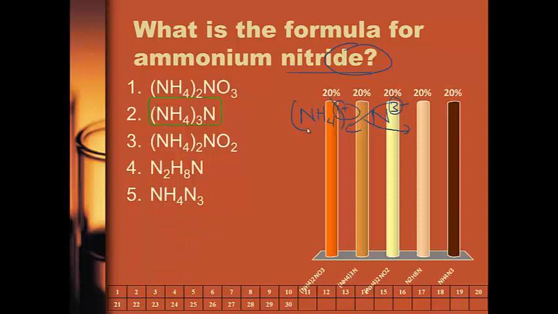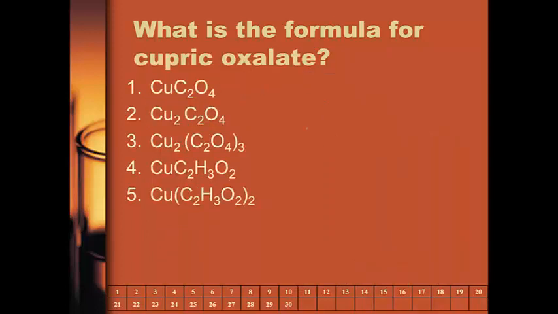Cupric oxalate. Again, pause, come back when you're done. Cupric, this is the bigger copper ion, but remember copper is only +1 or +2, so cupric is +2. Oxalate, a lot of you had problems with this one, you've got to memorize it.